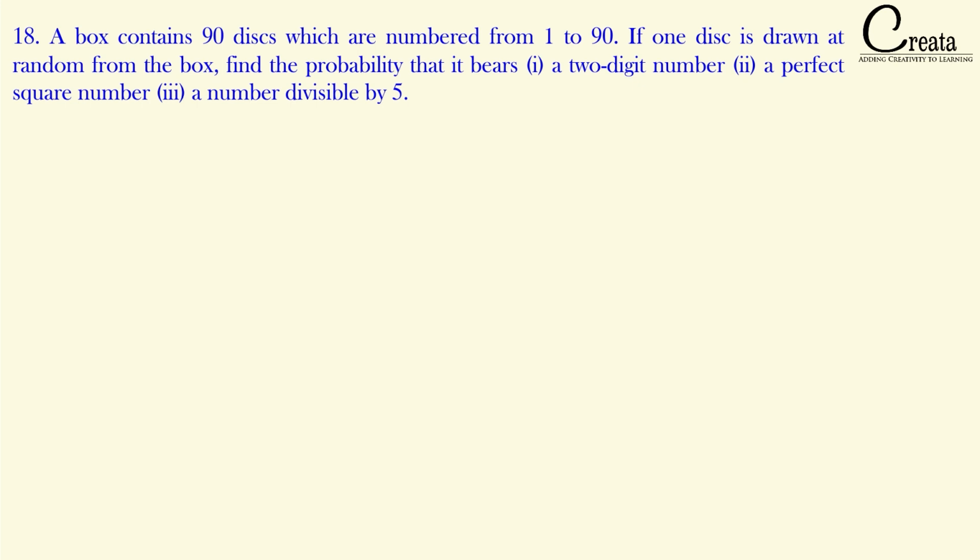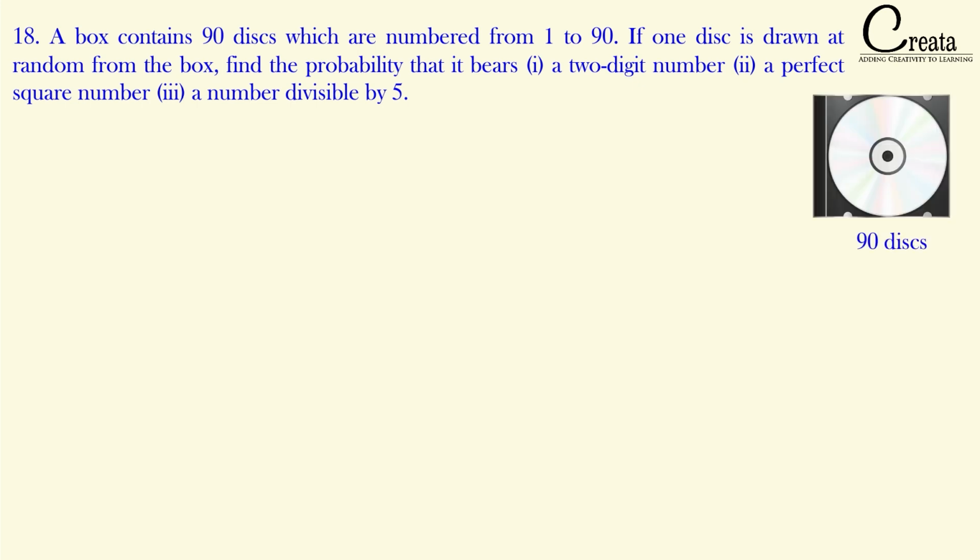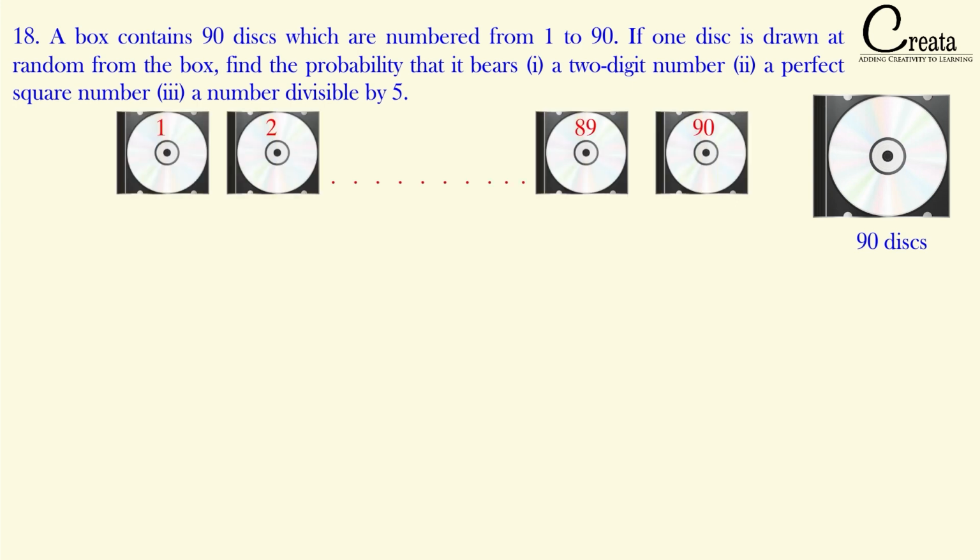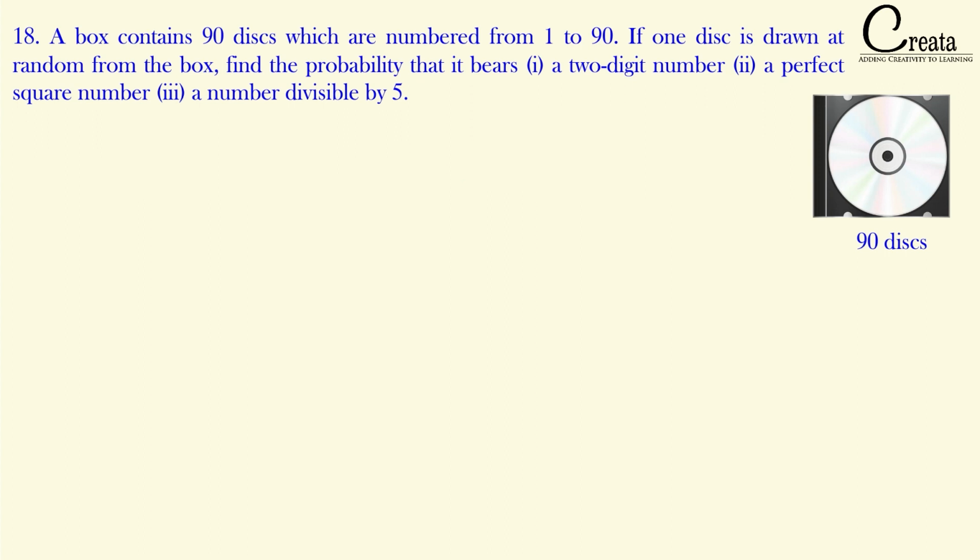A box contains 90 discs, numbered from 1 to 90, and one disc is drawn at random from this box. So we have to find the probability that the taken out disc contains a two-digit number in the first case.